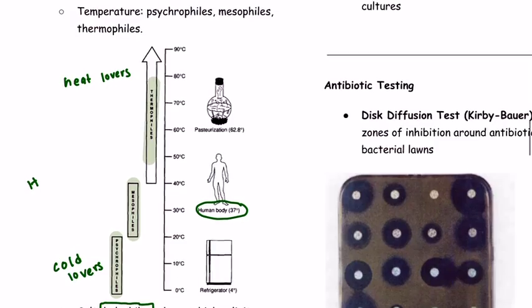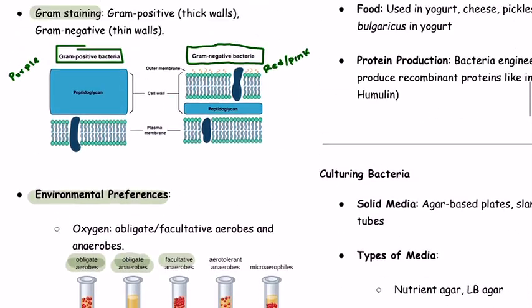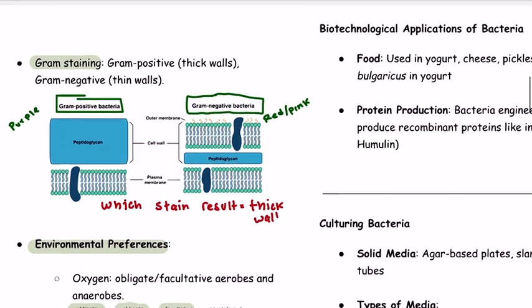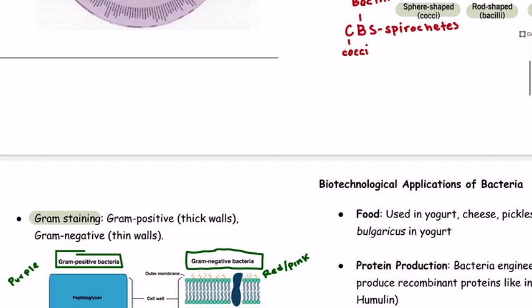So if we come back up to talking about the gram staining, it may ask questions like which stain result results in a thick wall, or it'll ask you questions like, hey, which shape is this?